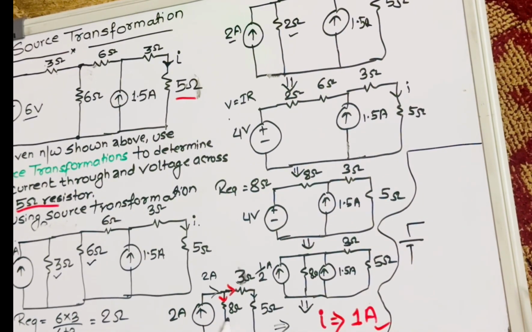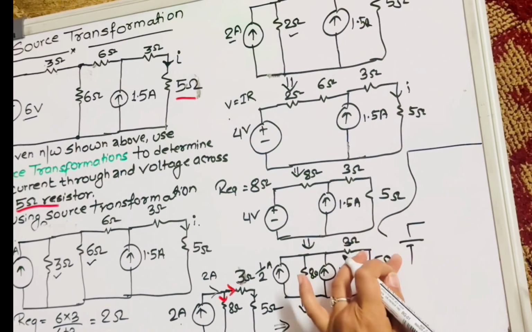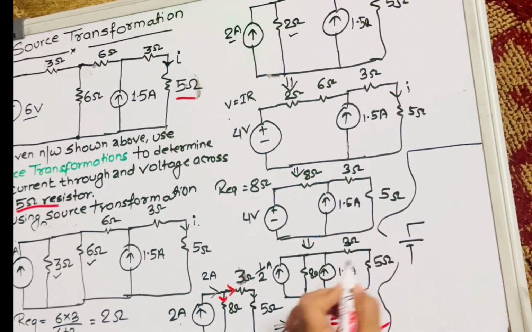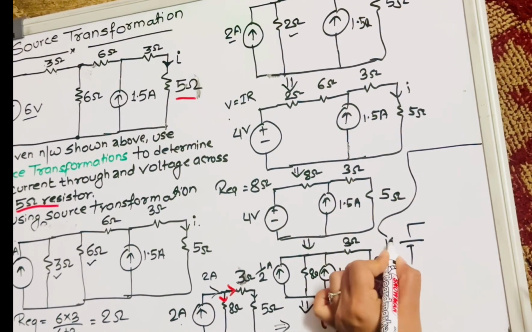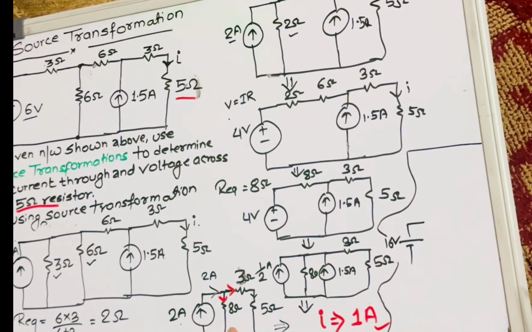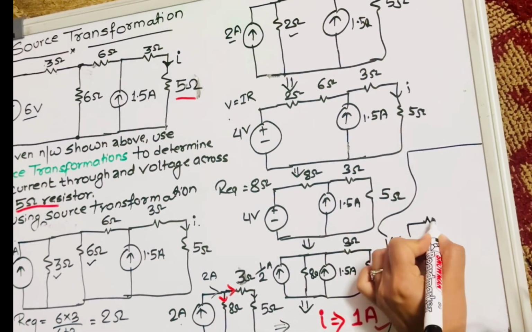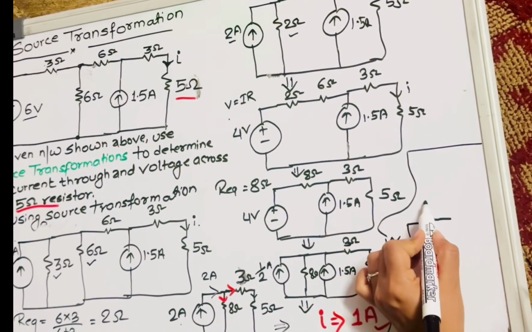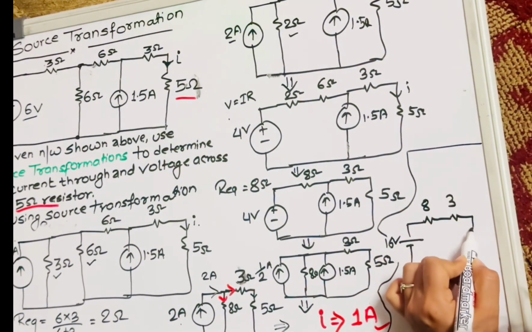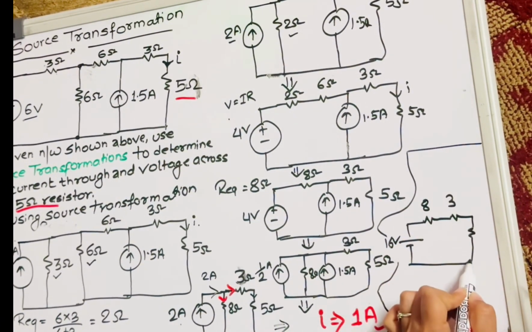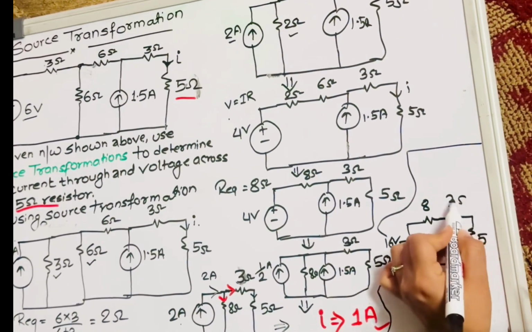The voltage source will be 2 into 8, I into R, I into R means 16 volt, and this 8 ohm will be in series with 3 ohm and 5 ohm.